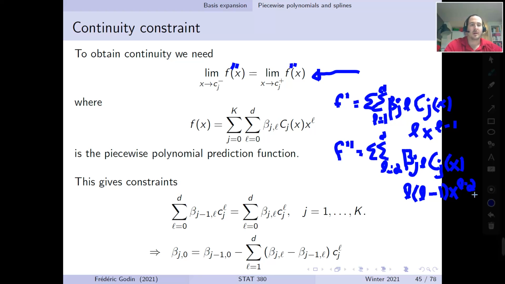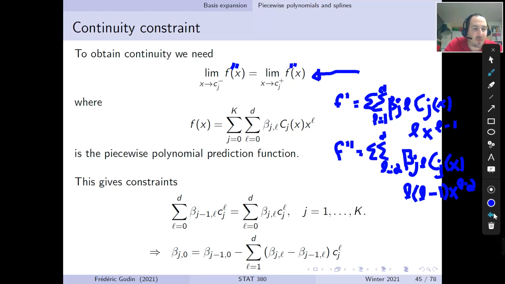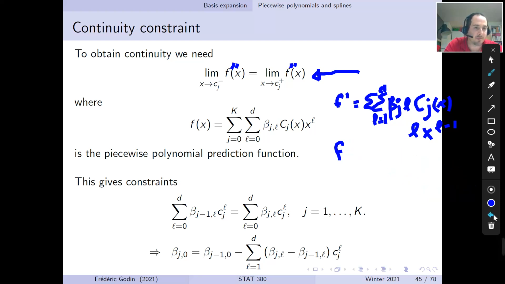Okay, so basically these are the first and second order derivatives. You can plug them into this equation, and if you do that, you get the constraints we're going to exhibit on the next slide.